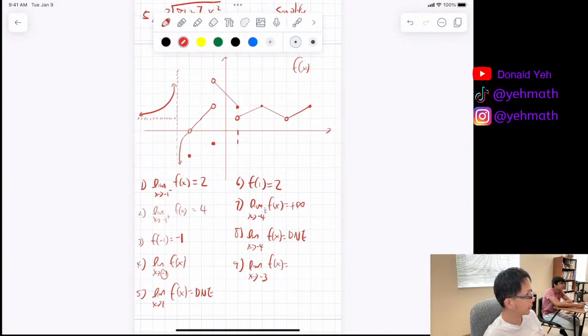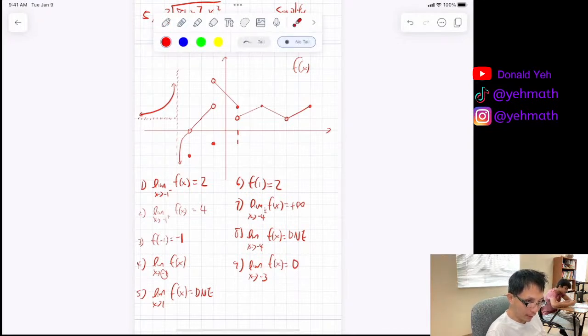Yuri. Zero is good. You should be confident. Yeah, 0 is good, because why? If you reach from both ends, they have the same output, which is 0. Do you see that? And that's how you determine answers using limits.